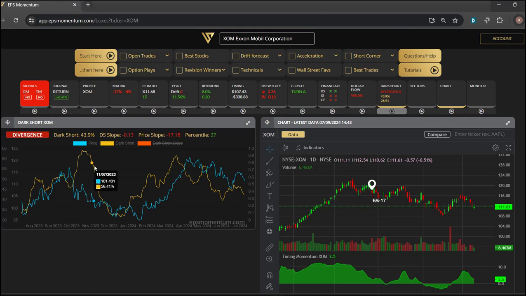Okay, so let's have a look at these transactions. You can see that some of these transactions on the dark short side, so the yellow curve here, precede the price move. Sometimes there's a spike and then a collapse, and the price collapses as well.